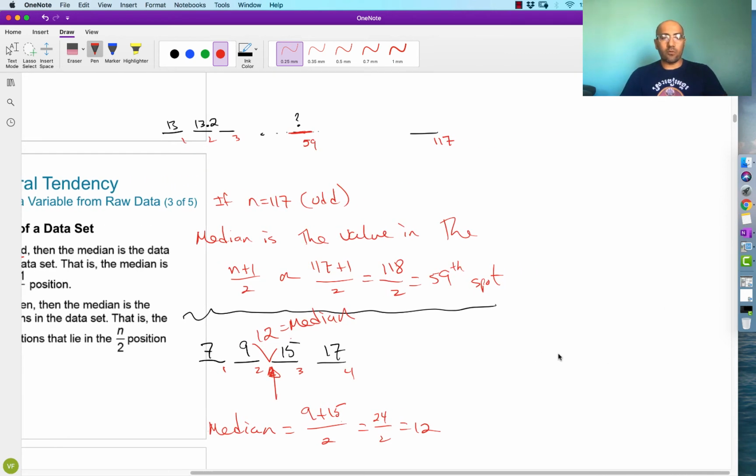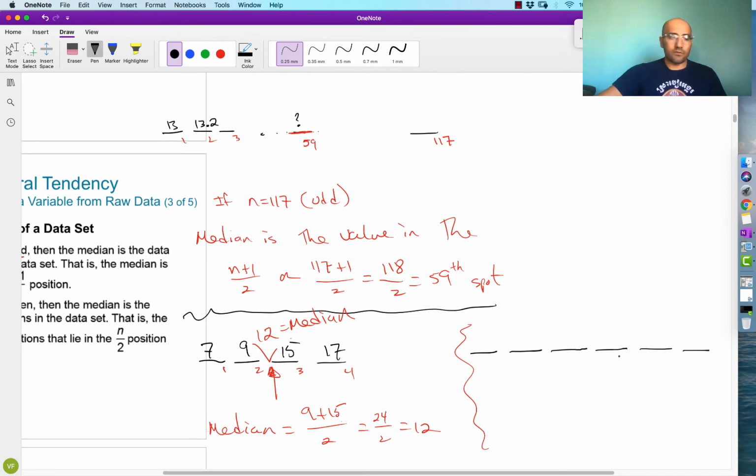All right, let's do one more where we have more. Let's say we have 6 values. 1, 2, 3, 4, 5, 6 values.